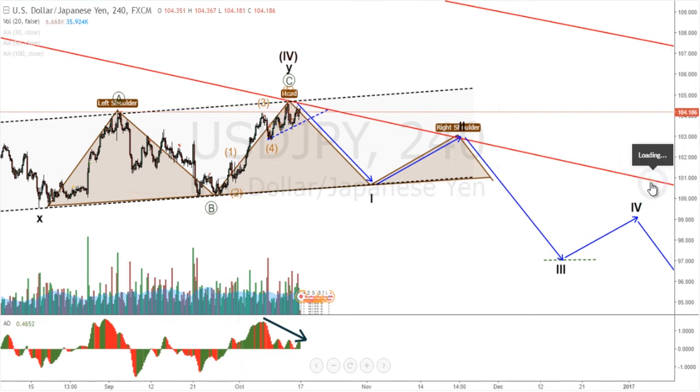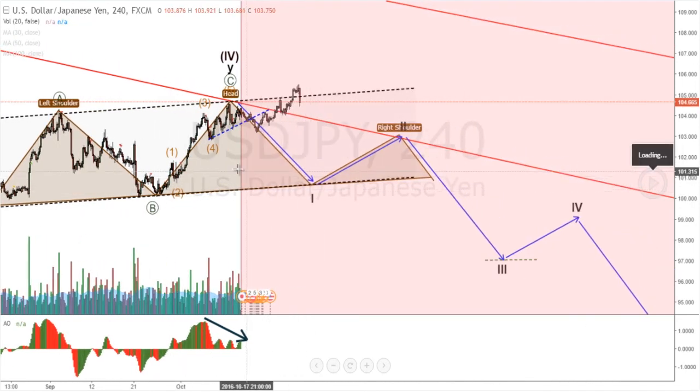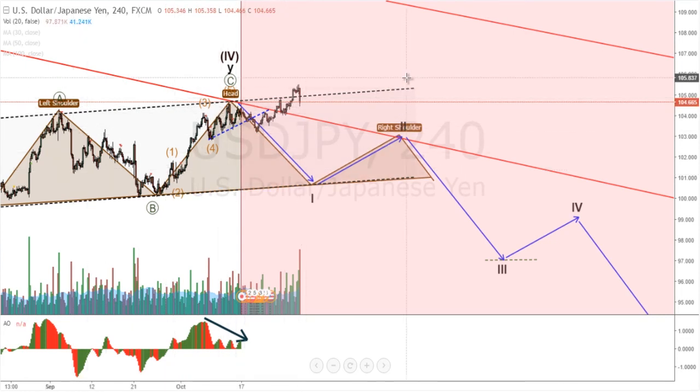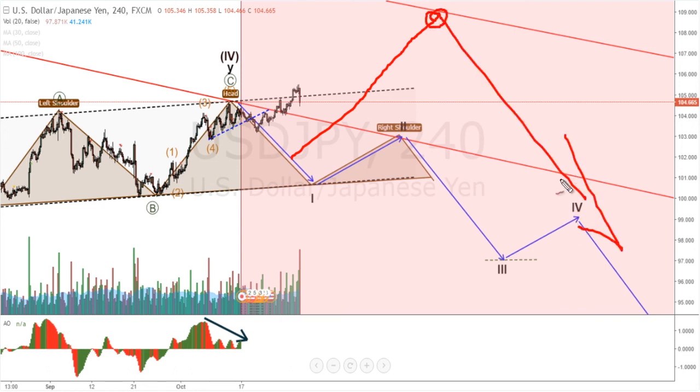It still hasn't decided yet. But well, it's on the top of the channel. It did a big move on the last 4 hours down, before the weekend. So my view is still the same. It could still try and come up here and then fall.